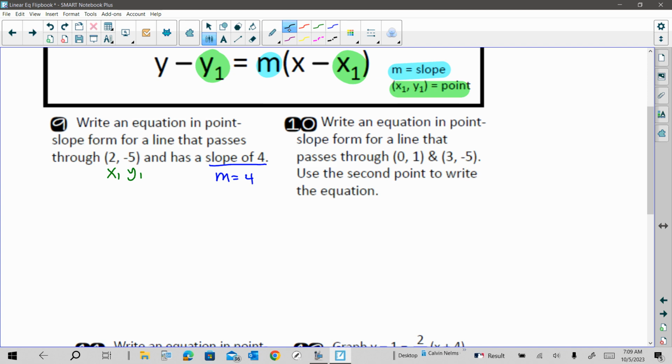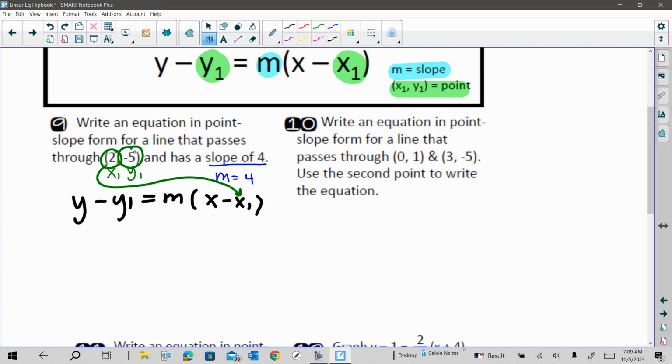So if my point-slope form is this setup, y minus y1 equals m parentheses x minus x1, then what we are going to do is take this x1, which is the 2 here, and it's going to get plugged inside the parentheses there. We're going to take this -5, which is our y1, and it's going to go here.